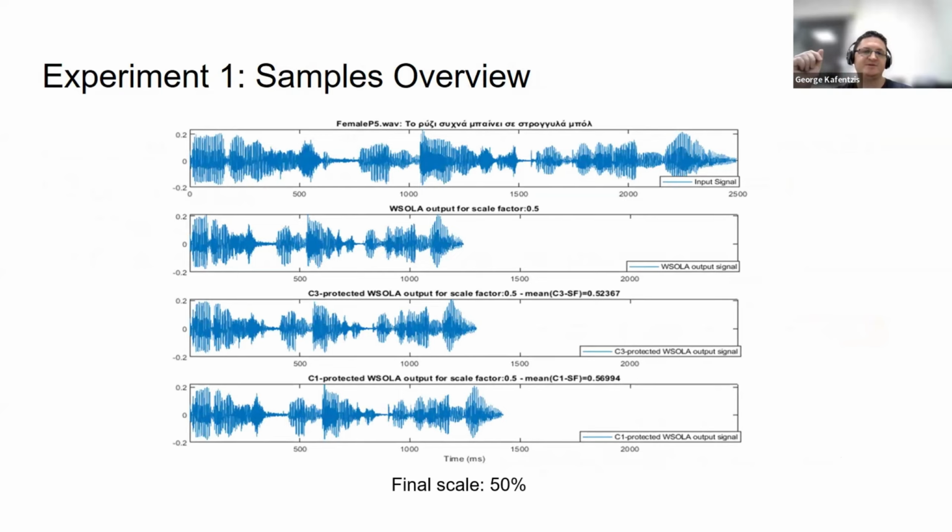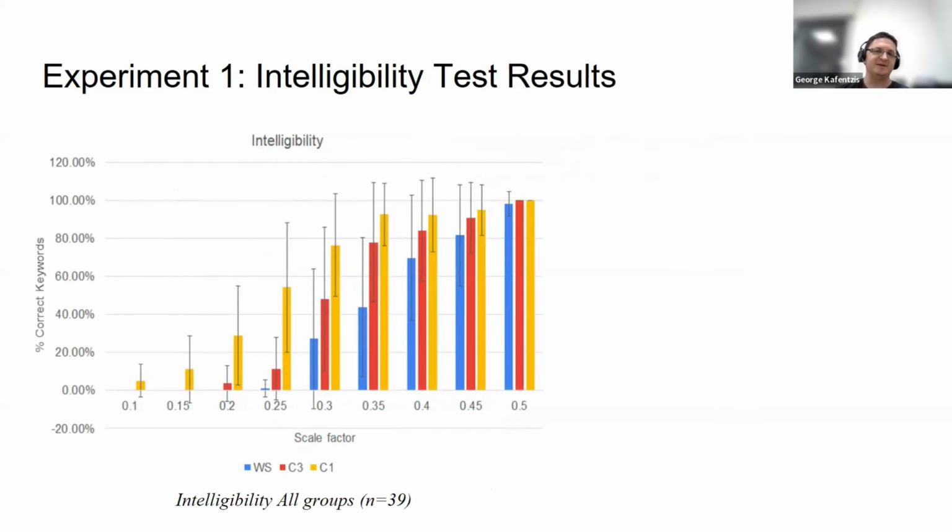The third panel is WSOLA with protection by the C3 criterion, and the fourth panel is WSOLA with the C1 protected criterion. You see that there's a bit of difference in the length of each signal because different algorithms protect non-stationary parts differently.